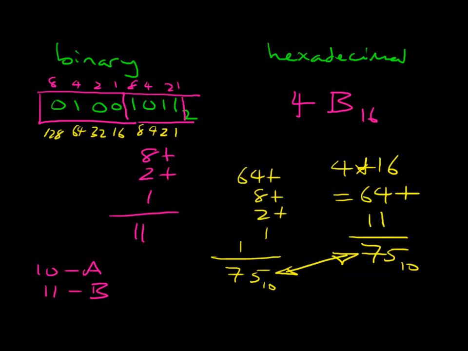Let's just do one more of these conversions, and this time we'll convert from hexadecimal into binary, just to show how easy that is. Remember these numbers are quite big, so I'm only going to use 2 digits or 2 nibbles of data.